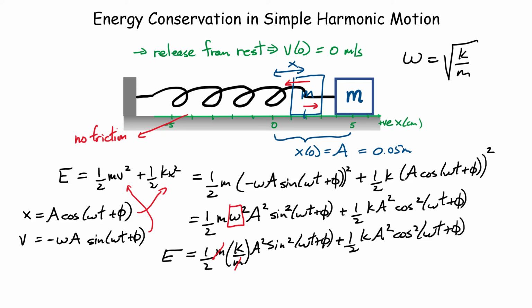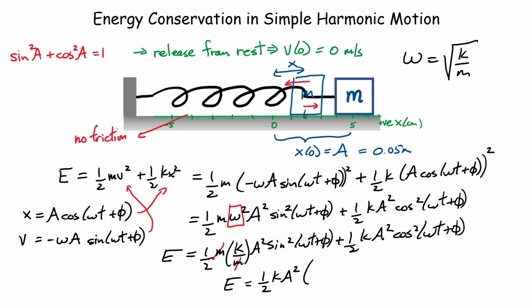But if you remember from math class, there is a very well-known identity: the sine of some angle squared plus the cosine of some angle squared is equal to 1. So guess what? You can simplify this, and the total energy at the end has to be 1/2 ka squared.